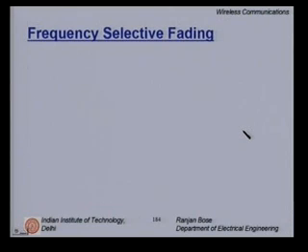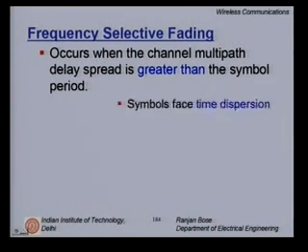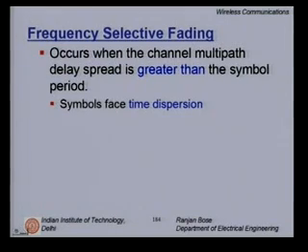The other part is the frequency selective channel. Let us now talk about it. Frequency selective fading occurs when the channel multipath delay spread is greater than the symbol period. The same channel will behave as a frequency selective channel if my Ts, the symbol duration, goes down. Symbols clearly face time dispersion.